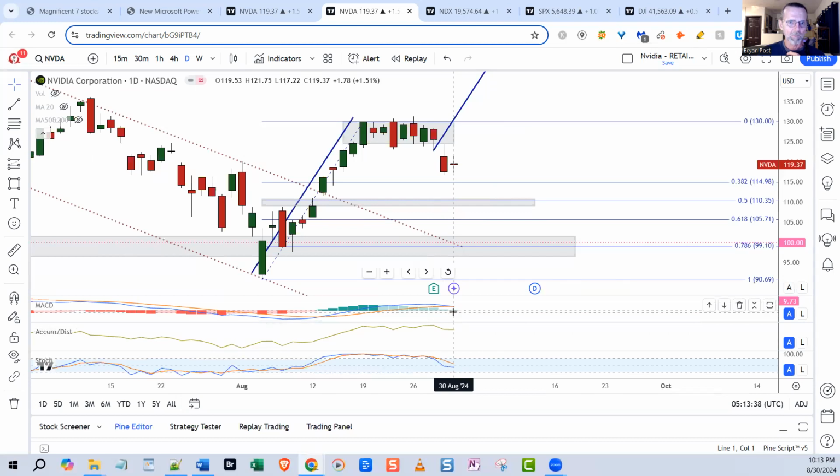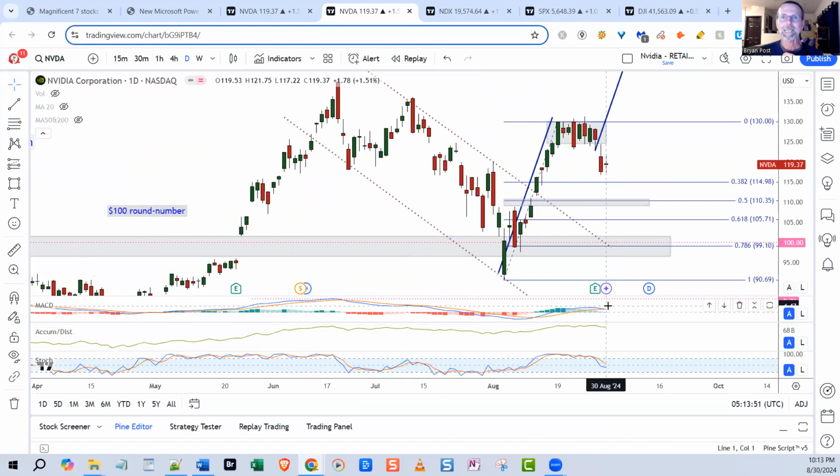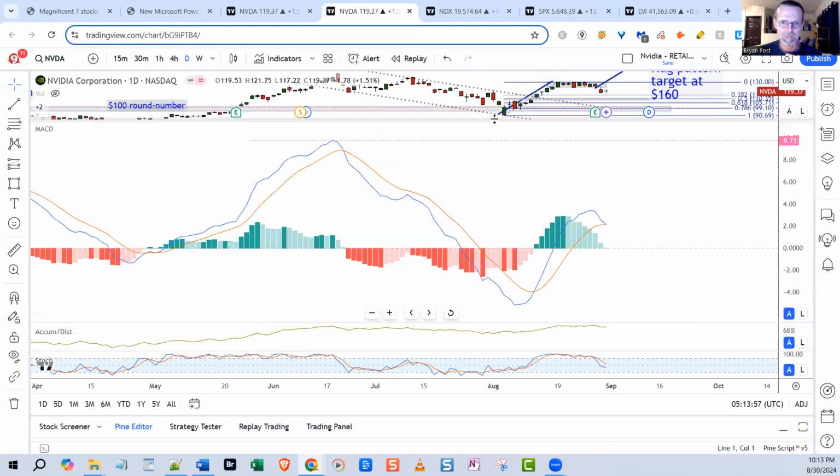MACD in bull mode, so still in an uptrend. The primary trend based on MACD is to the upside. But I wouldn't call that a buy or sell signal at this point. Let's take a closer look.